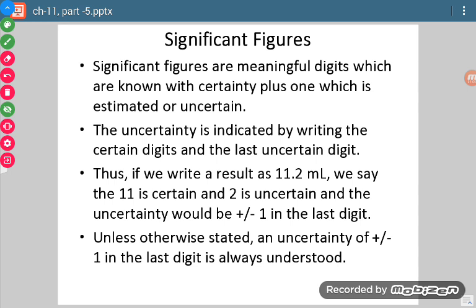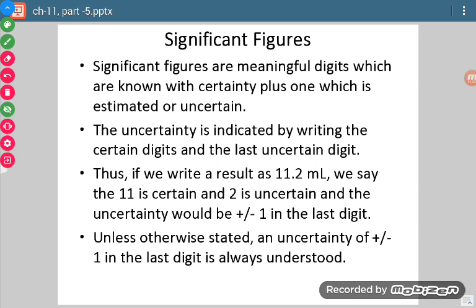So what is the definition of significant figures? Significant figures are meaningful digits which are known with certainty plus one which is estimated or uncertain. Or we can define this in that way also, that significant figures contain all the certain digits plus one doubtful digit.